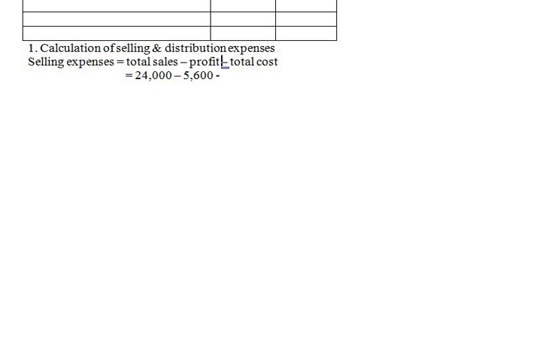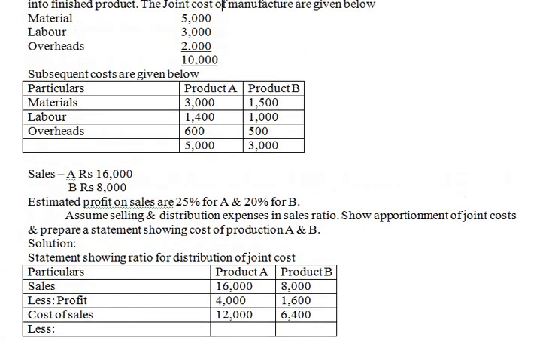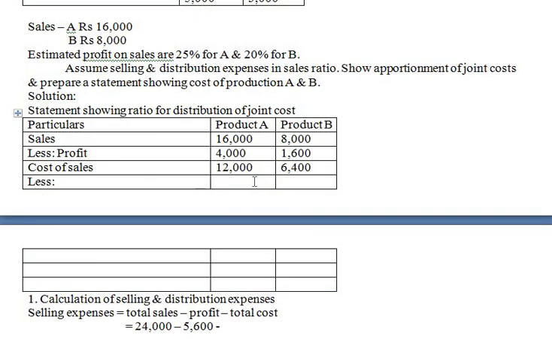Now total cost, go through the problem. Total cost they have given. Here it is, the joint cost of manufacture are given below. So 5,000, 3,000, 2,000. So total of this is 10,000. Now total of product A and product B is 5,000 plus 3,000. So it is 18,000.